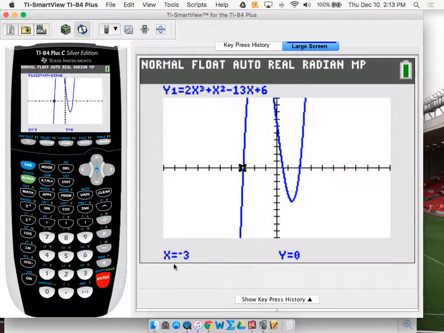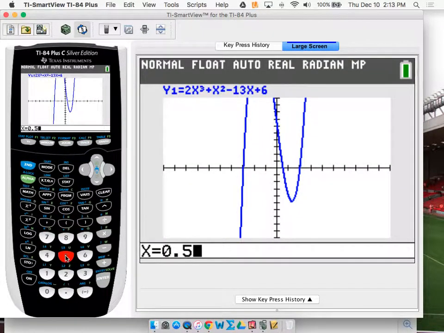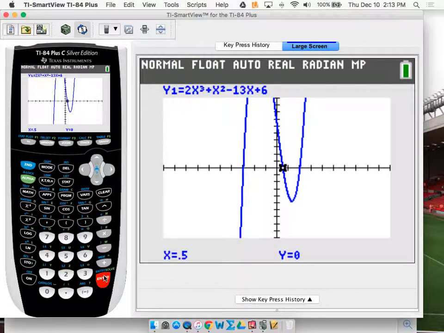So it tells me when x is -3, y is 0. So that's good. And if I do that again, and I type in, say, 0.5, because that's a half, I hit enter, I get 0 again. So a half is also a root. And then if I do it one last time with 2, I get 0 again.